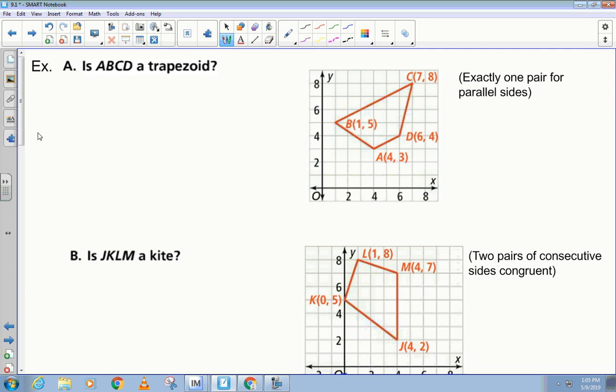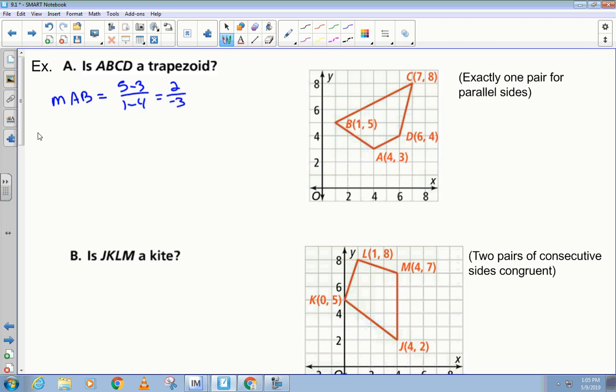All right. So, let us look at our slopes. We will start with the slope of AB. That would be 5 minus 3 over 1 minus 4, which is 2 over negative 3.